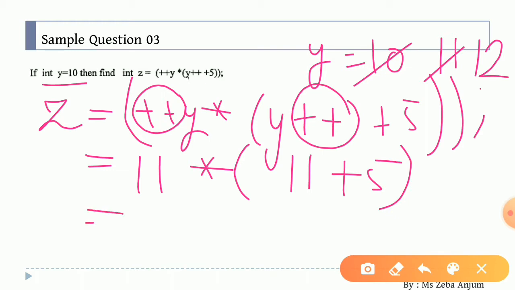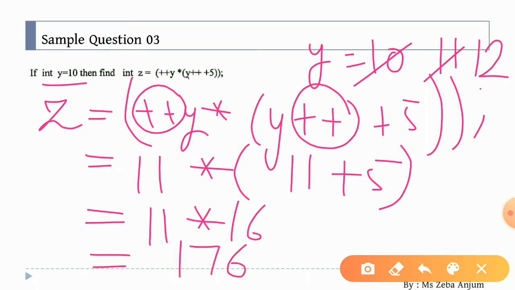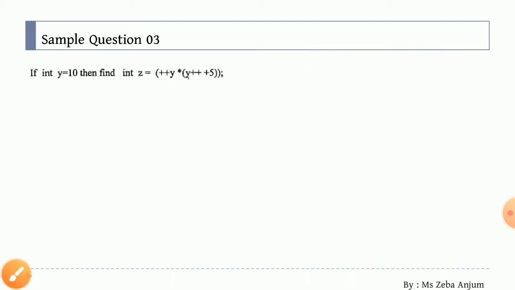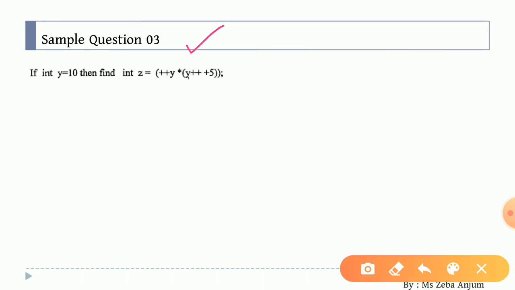And now remember when we have such kind of expression, firstly we will solve the bracket part. So 11 multiplied by 10 plus 5, you will be getting 16 and the multiplication is going to give you 176. Okay, so for this sample question number 3, you are going to get z equals 176 as your answer.